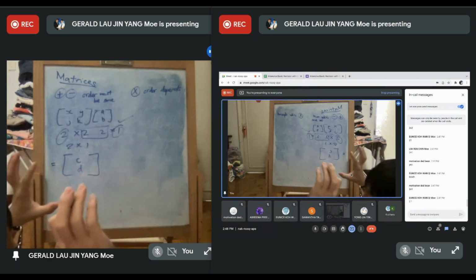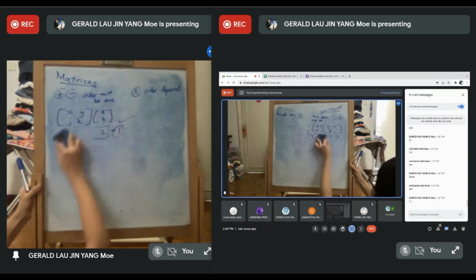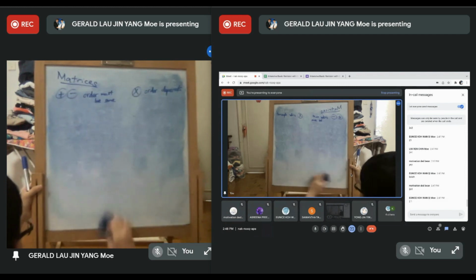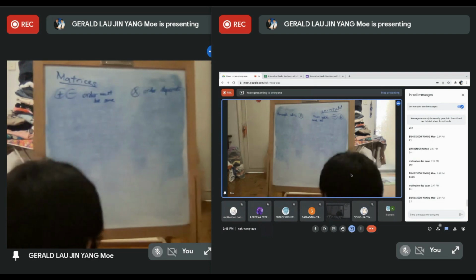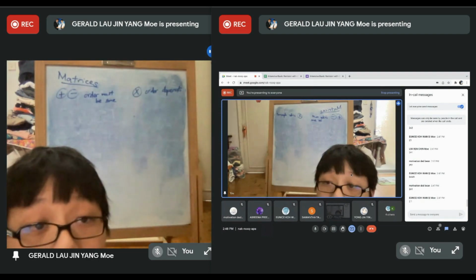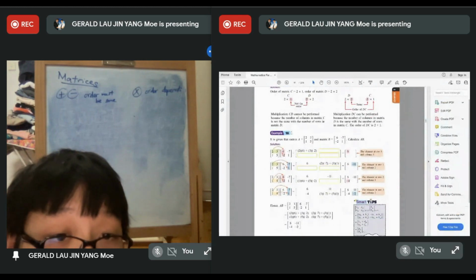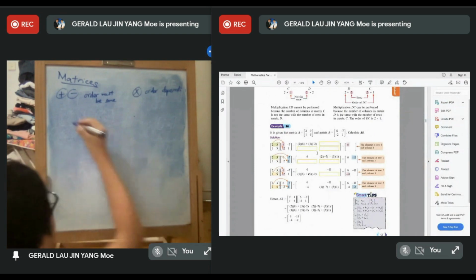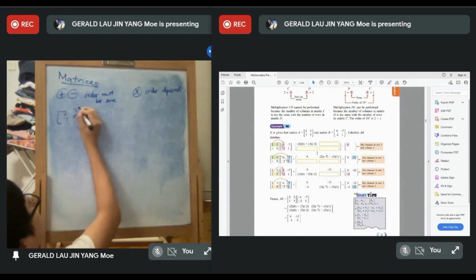Now you already know the concept. Let's look at examples of how to calculate. Now let's look at the textbook, some examples. Now look at example 16. Matrix A is 2, 3, 1, 5.